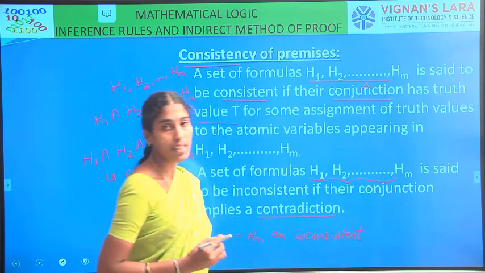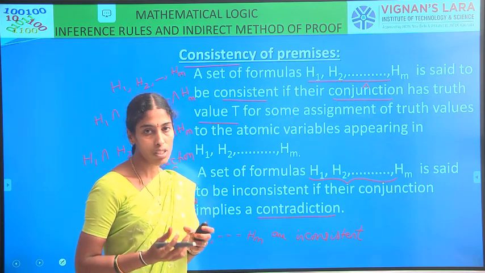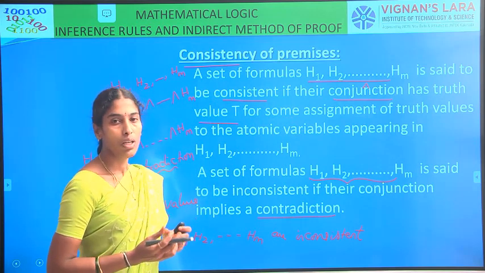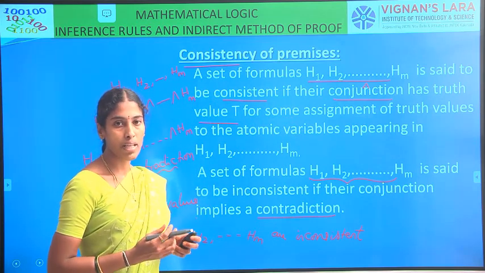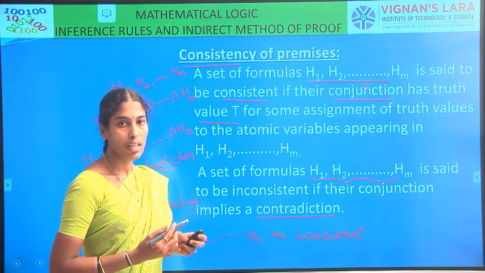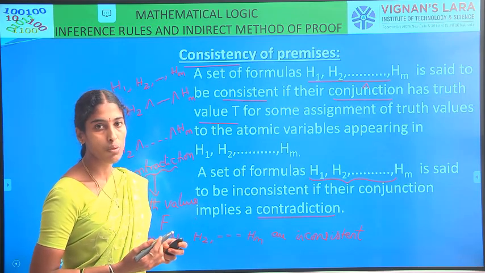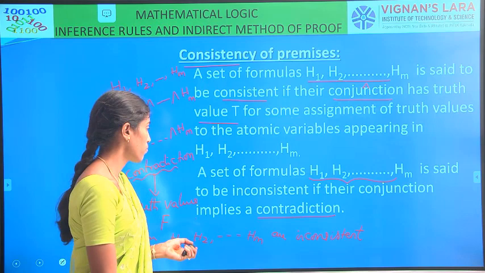So to say that they are consistent, their conjunction has a truth value T, and to say that the given set of premises is inconsistent, their conjunction has a truth value false.